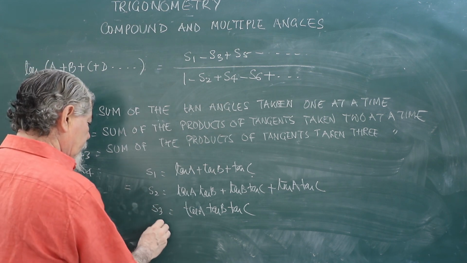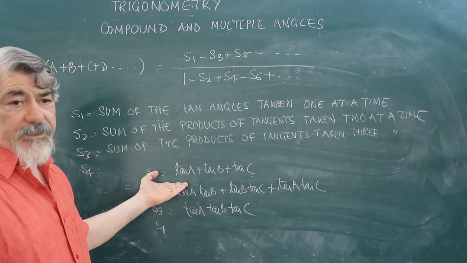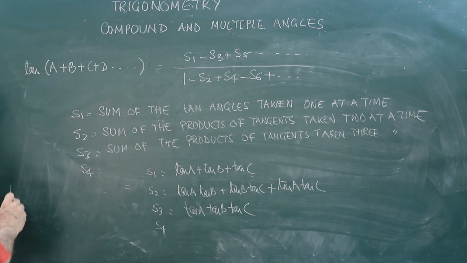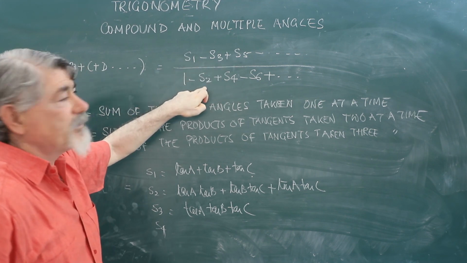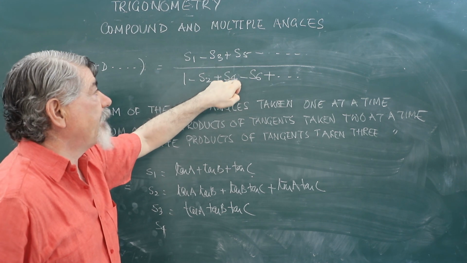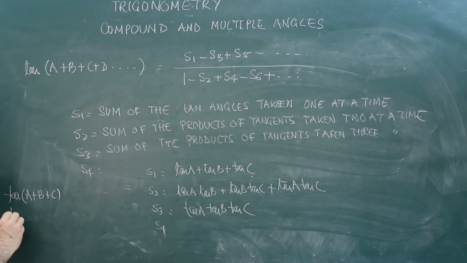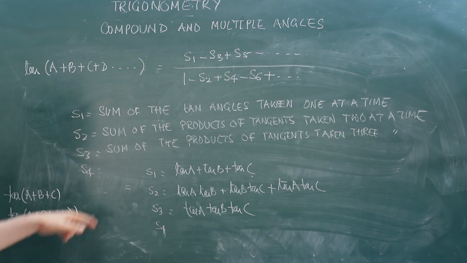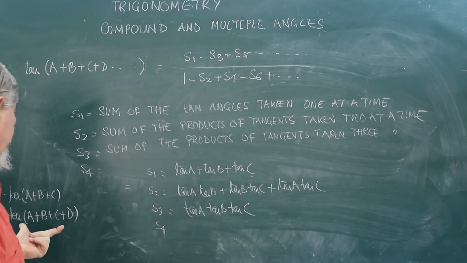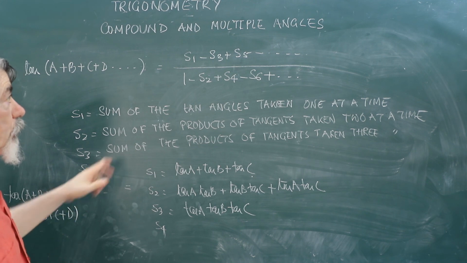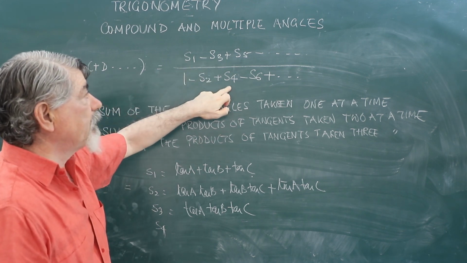Now I can't take S4 because I have only 3 tangents. I have taken tan(A plus B plus C), so the maximum can be 3. So it will end here: S1 minus S3 upon 1 minus S2, because I can't get S4 or S5. But if it is tan(A plus B plus C plus D), then I have 4 tangents, so I can go S1 minus S3 upon 1 minus S2 plus S4.